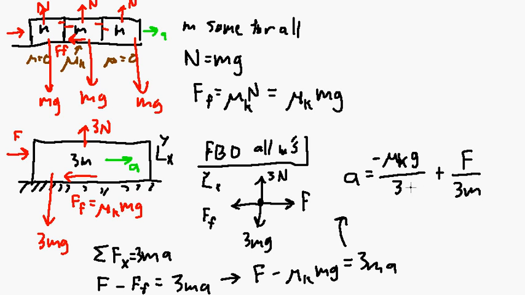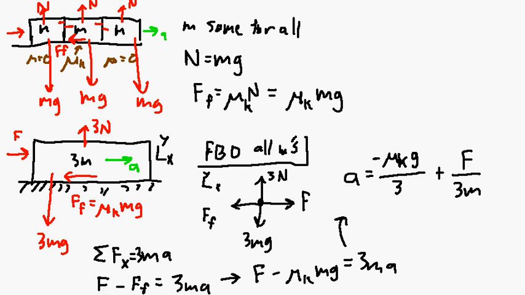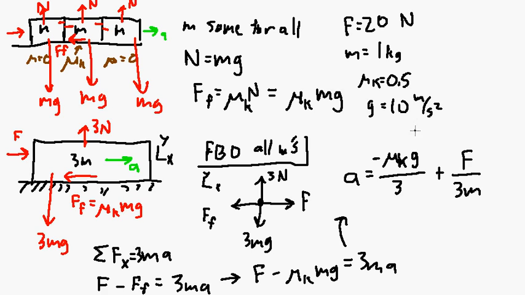Well, let's plug in numbers. So let's see, what do we have? Our force was 20, so this F is 20, m equals 3, right? Oh, sorry, m equals 1. So F is 20 newtons, m equals 1 kilogram, and mu k equals 0.5. And we're going to use g equals 10 meters per second squared.